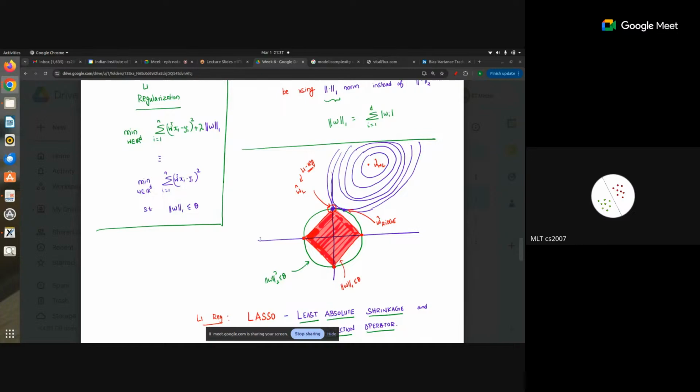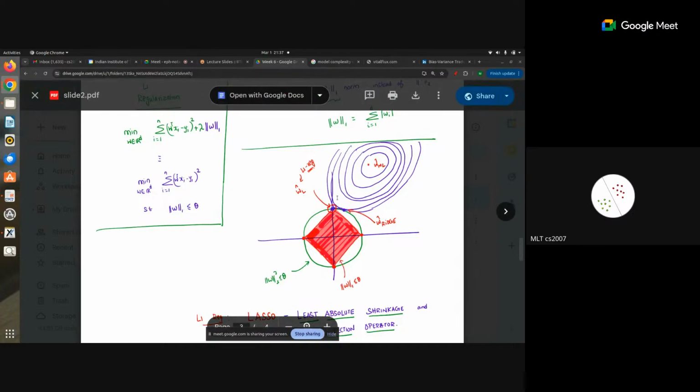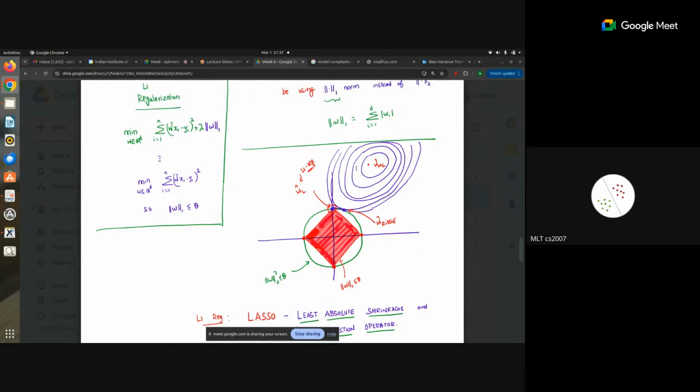Two features, one along the x-axis and one along the y-axis. If the ridge and lasso give the same kind of answer, then ridge will also give you 0. Ridge can give you 0, but it does not always give some features as 0. But the lasso, most of the times, will remove the features.